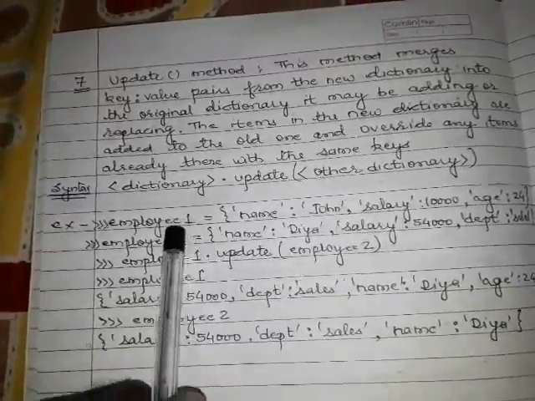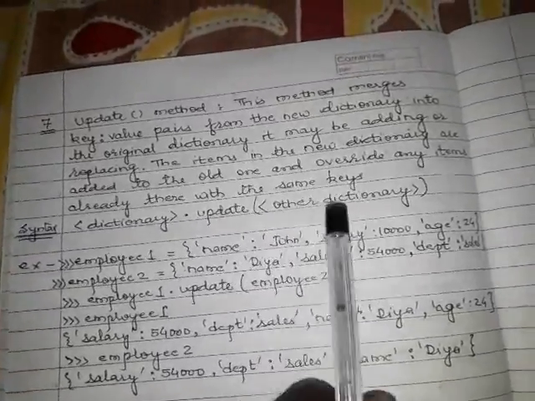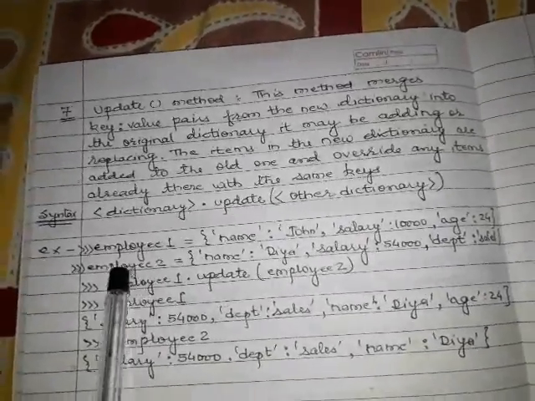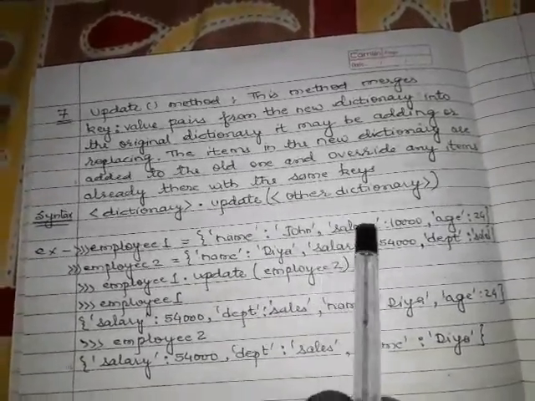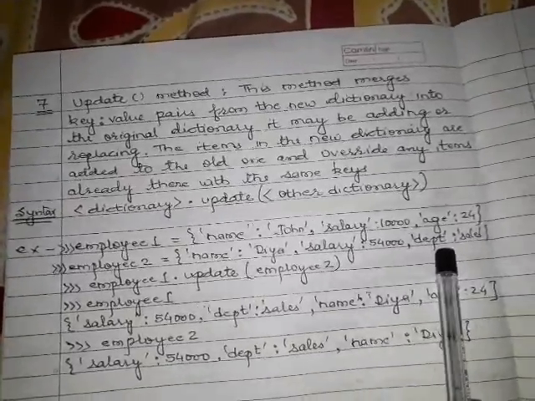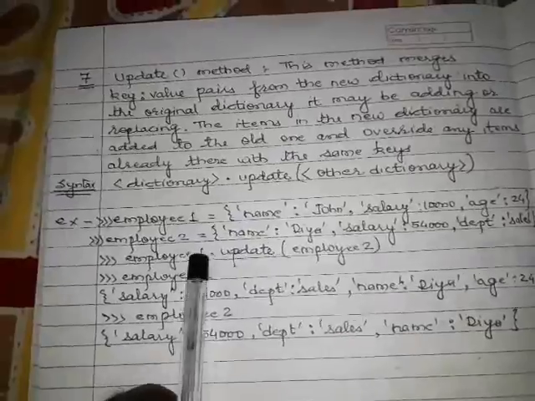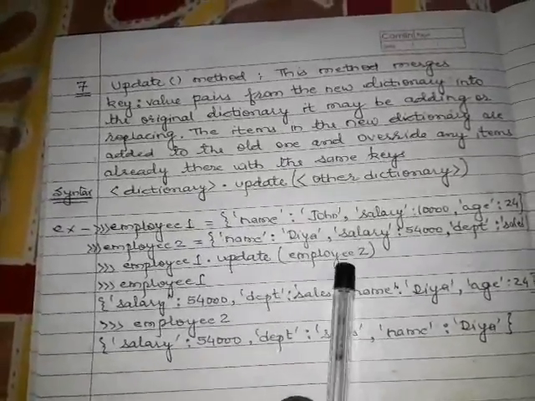Suppose we have two dictionaries, employee 1 which contains name John, salary 10,000, age 24. Second dictionary, employee 2, name Dia, salary 54,000 and department sales. Now I write the statement employee 1 dot update employee 2.